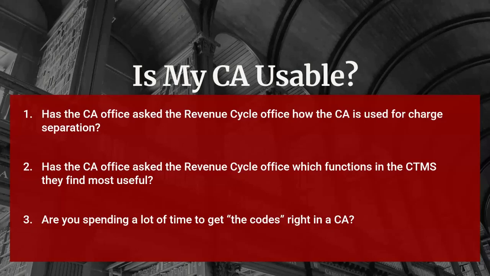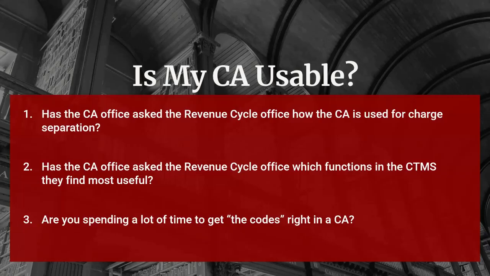Has the coverage analysis office asked the revenue cycle office which functions in the CTMS they find most useful? Now, what's embedded in this question is that the coverage analysis office is using some type of a CTMS-driven coverage analysis, or the CA office might be required to fit the coverage analysis format into the CTMS calendar format and so forth.